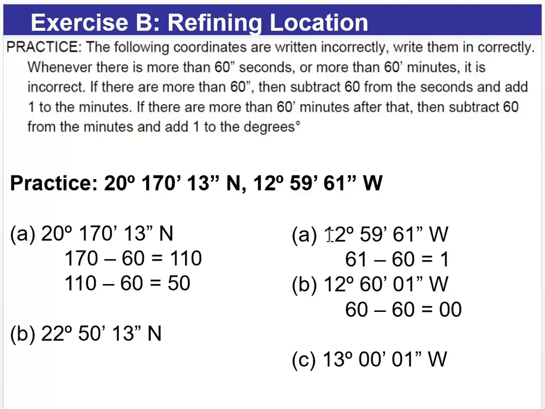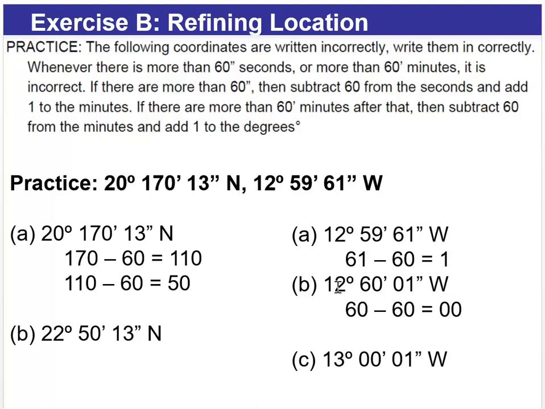And this next one gets a little bit more complex. 61 is too much. So we subtract that 60, that leaves us with 1 second. So that means we have to transfer that over to our 59 minutes. But it turns out that after we transfer that, then we are left with 60 minutes, which is also too much, because if we have 60 minutes, that has to be converted to 0, and we have to add this hour, in essence, to the degree.